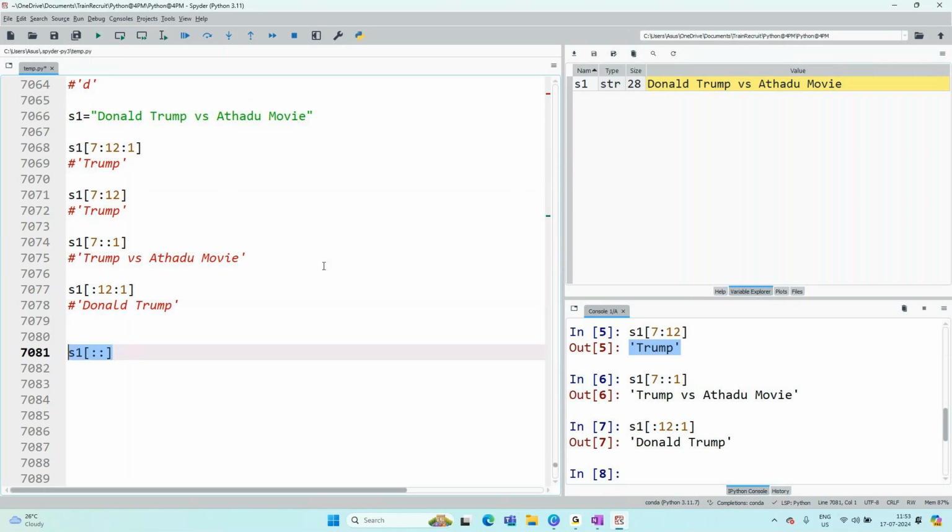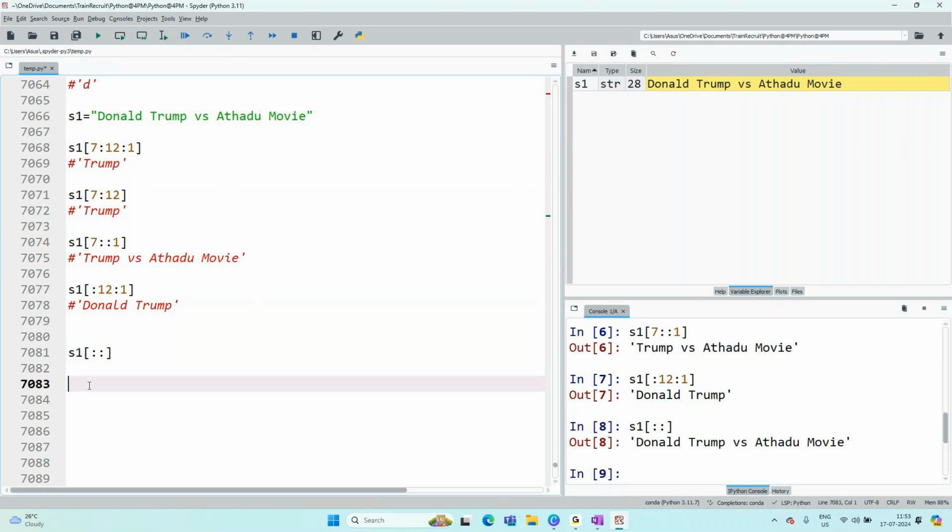Now tell me, what happens? Everything will come because we did not provide anything. So 0, ending, 1, everything will be by default coming. So what will it be? It will be same as taking S1. S1 alone is enough, even with a colon it is the same.